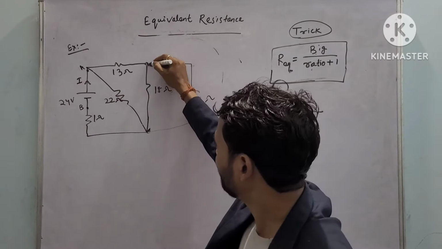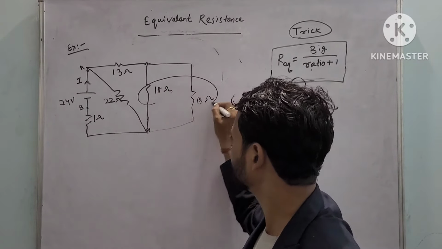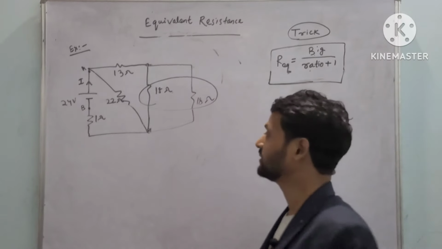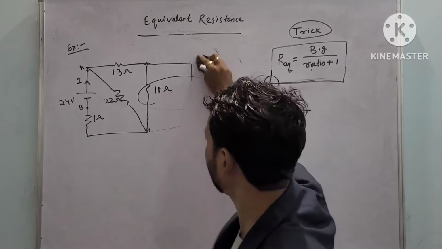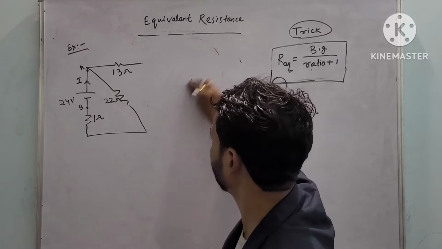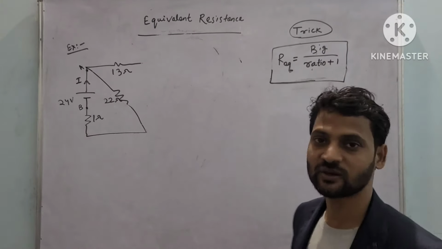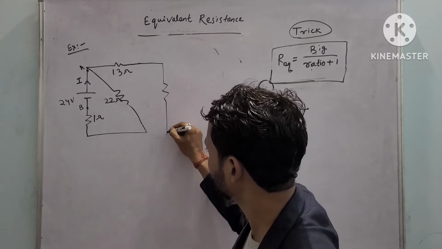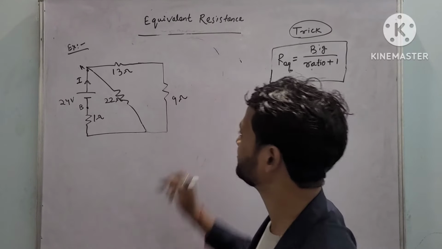So now about these 2 points, there are two resistors in parallel and both have equal value. So what is the equivalent resistance? Half of any value, that is 9. 18 and 18 both are in parallel. What is the answer? 9. So now it is 9 ohm.